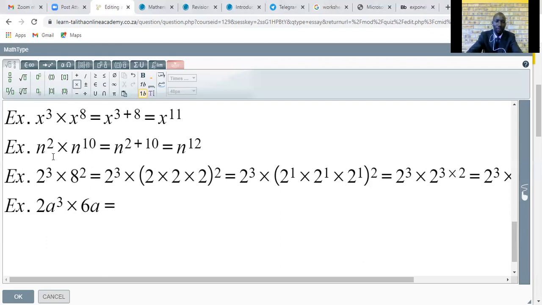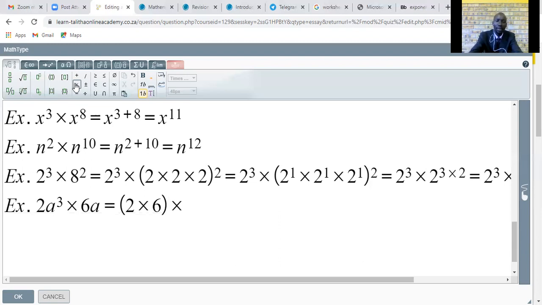What are the numbers? The numbers here are 2 and 6. And so how do we deal with the 2 and 6? Well, we will want to put them inside their own bracket. And so we will be having the numbers 2 multiplying 6. Then now, how do we deal with the A? Well, we could also have them in their own bracket.